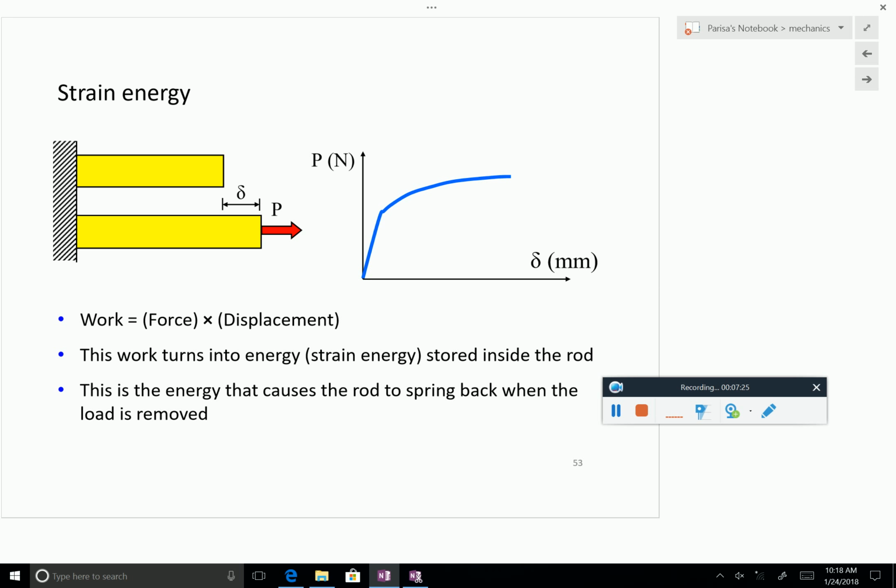So if you have a force displacement diagram like that, and someone asks you how much energy you would have, basically you have to calculate the area underneath up to a certain point that you have elongated, let's say, this bar. Why? Because the area underneath is basically force times displacement.